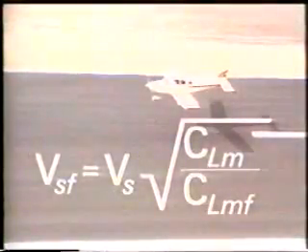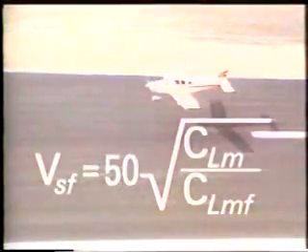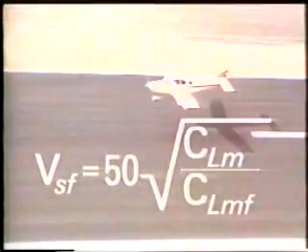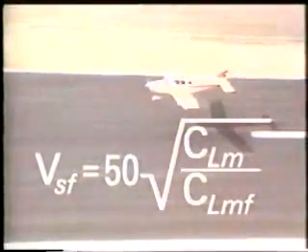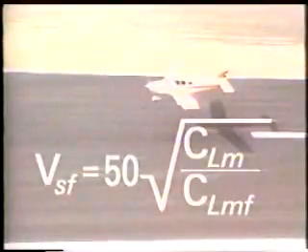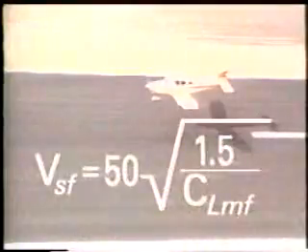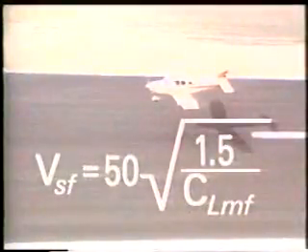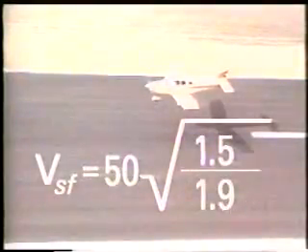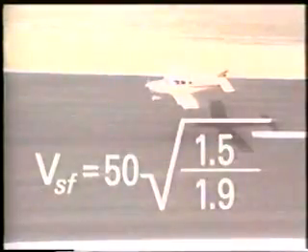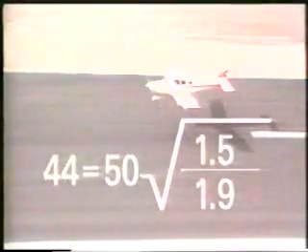For example, let's say your airplane stalls at 50 knots at the landing weight with the flaps retracted. Assume that the maximum coefficient of lift, clean, is 1.5, and the maximum coefficient of lift with the flaps down is 1.9. A simple calculation shows that by lowering the flaps, your stall speed is reduced to 44 knots.